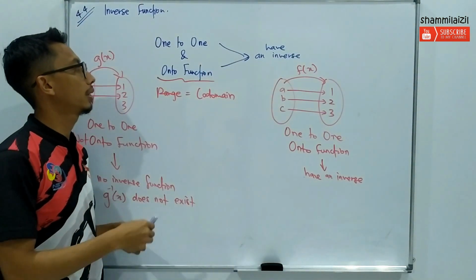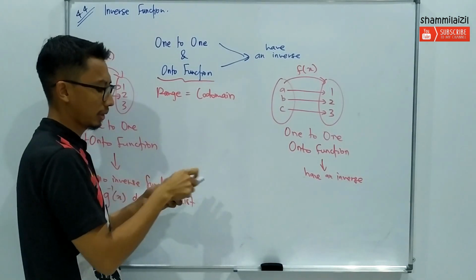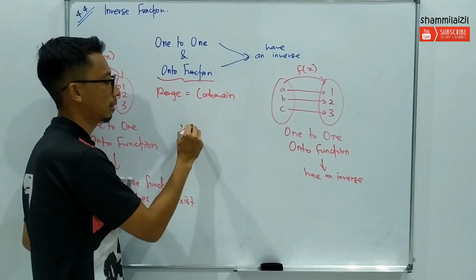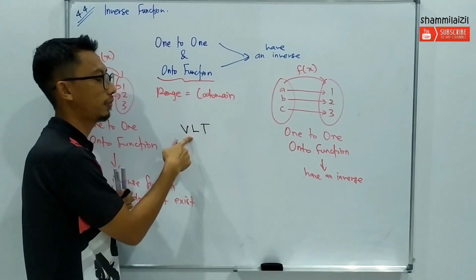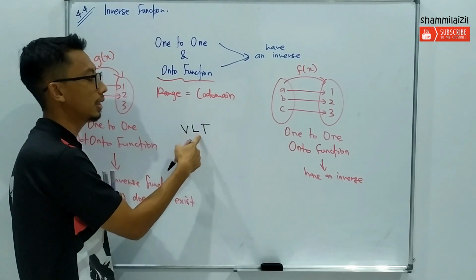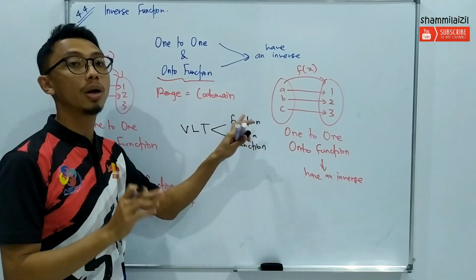So let's proceed with the one-to-one function. Recall the one that you learned in 4.1, the first subtopic. Still remember VLT? VLT is the vertical line test. The vertical line test is to determine whether a given relation is a function or not.